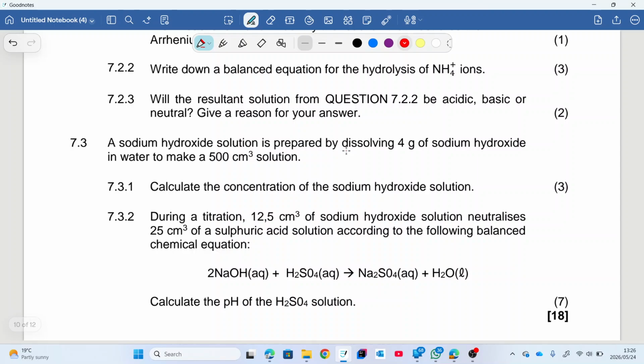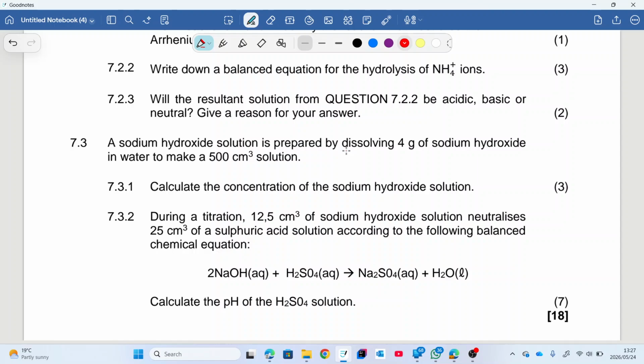7.3.1. Okay, now sodium hydroxide solution is prepared. Now that is the real questions they are coming. 7 marks. Sodium hydroxide solution is prepared by dissolving 4 grams of sodium hydroxide in water to make a 500 cubic centimeter solution. 7.3.1.